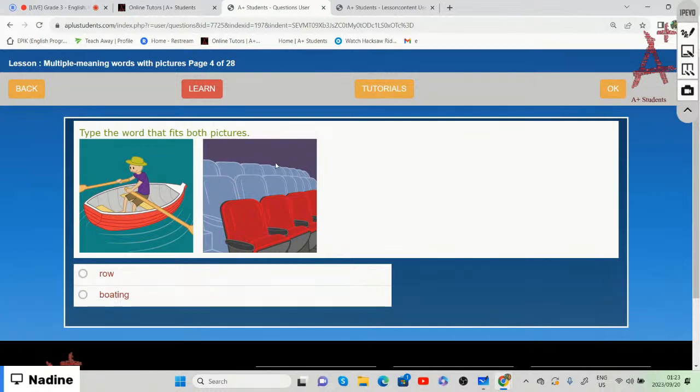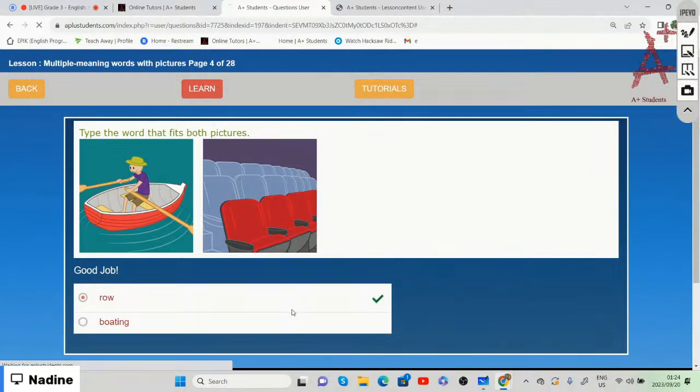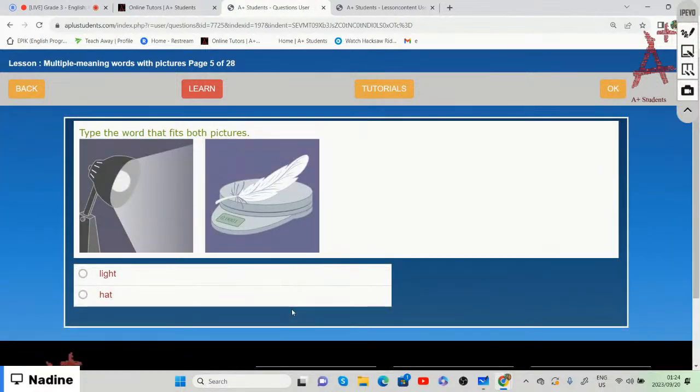And in the second one, for example, you go to a cinema or show. Then they have different rows, different aisles, which means that this word is row. Because that man in the first picture is rowing his boat, and in the second picture, it is the rows of a cinema. So we will choose the word row. So well done if you have row.